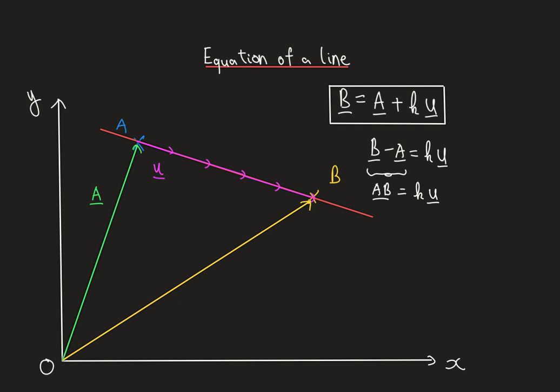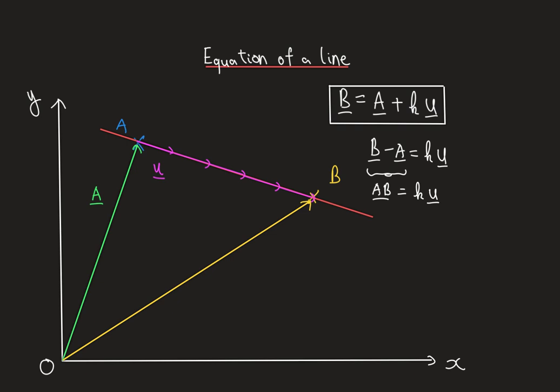In other words, our vector AB is parallel to our direction vector u. And hence, to determine if any point B belongs to our line, what we need to do is see if our vector AB is parallel to our direction vector u.